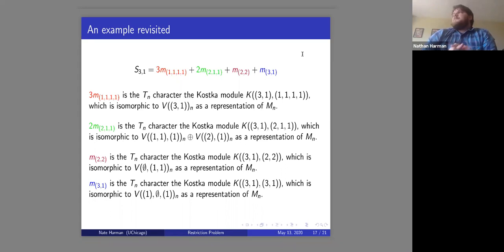The second property about FI modules that you need, which is also true in positive characteristic, is that finite generation passes to subobjects. It's a Noetherianity condition: if I have a submodule of a finitely generated thing, it has to be finitely generated. That's also true in arbitrary characteristic for FI and FI sharp.